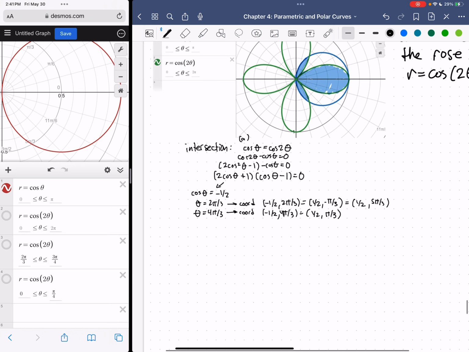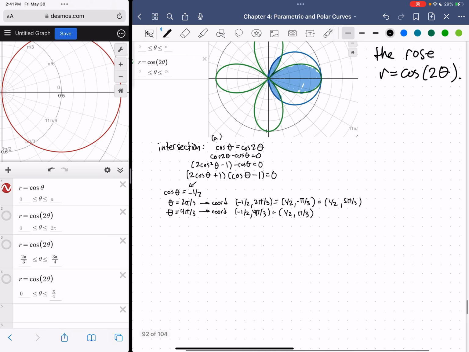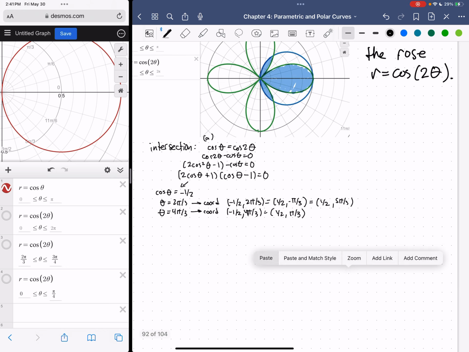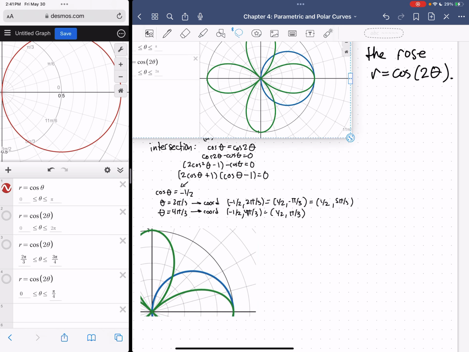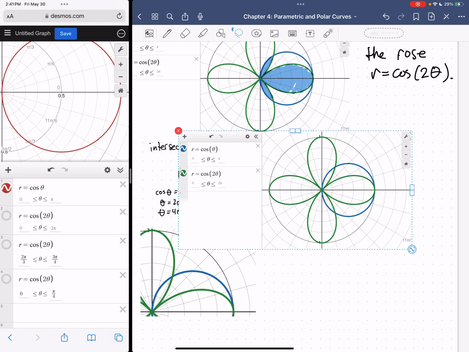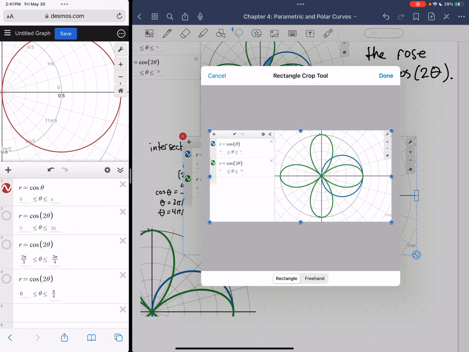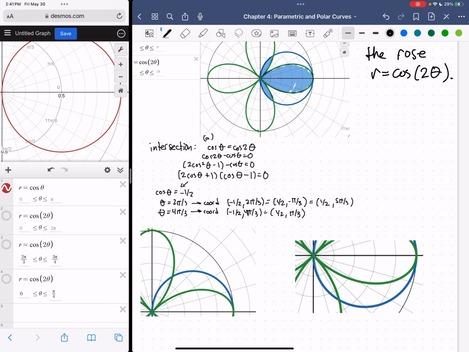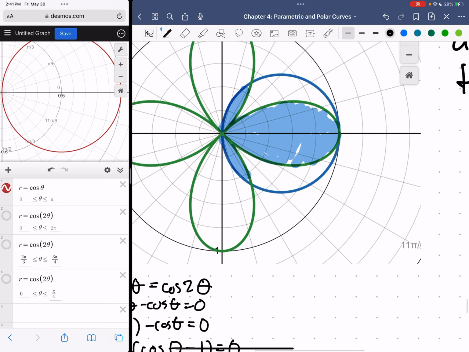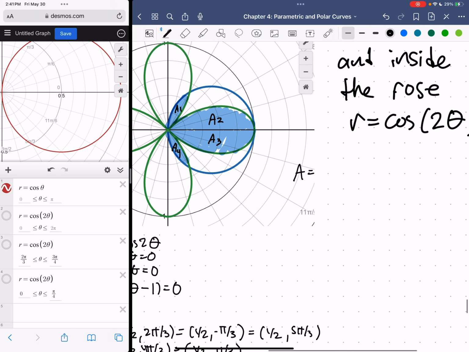Okay, so the whole area that we want, I'm going to break up into a few different chunks and then look at them separately. So the total area that we want, we're going to call A1, A2, A3, A4, and all together we can say that A is equal to the sum of those.